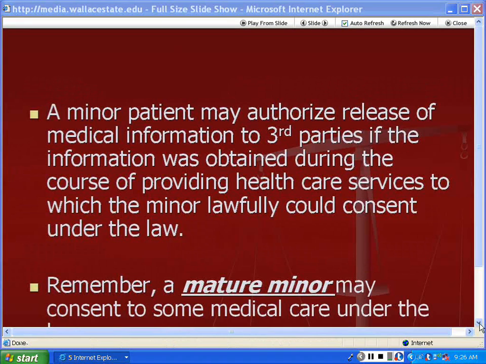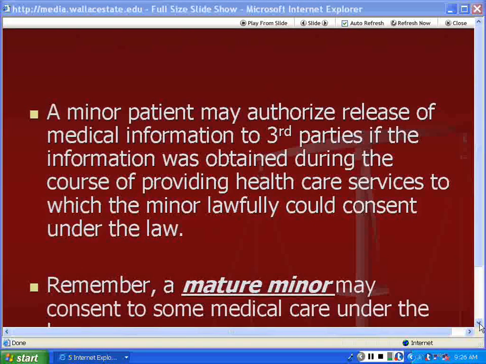So in Alabama, anybody 14 or older can consent to treatment, but there are even lower age limits on a minor in Alabama being able to consent for treatment for venereal disease or pregnancy or something like that. And we're going to go over that in detail as far as the Alabama laws later on.